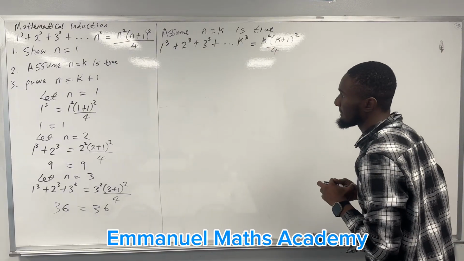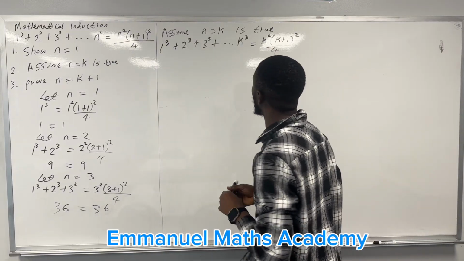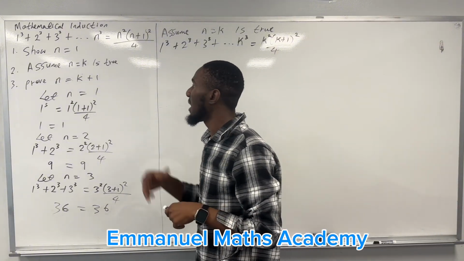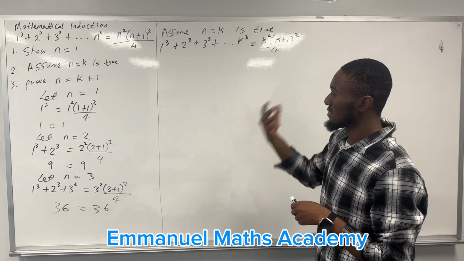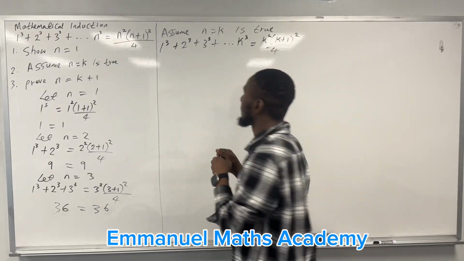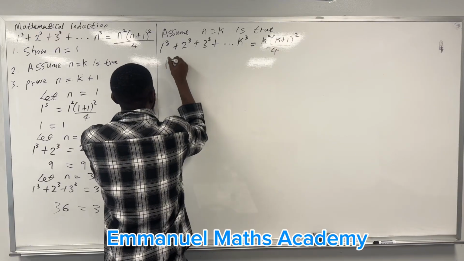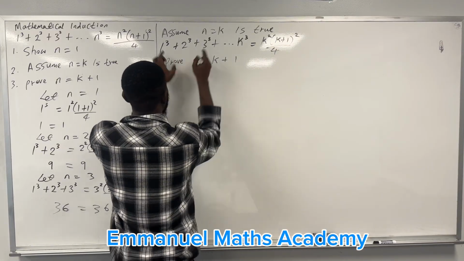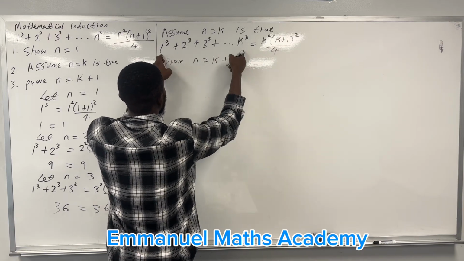Right? Cool. So this is for n equal to k. You now prove for n equal to k plus 1. So for k and also the term coming after k, prove for n equal to k plus 1. Hence, let's just write out for k. This is for k, right? From here to here.